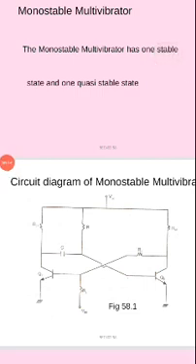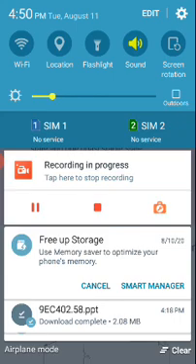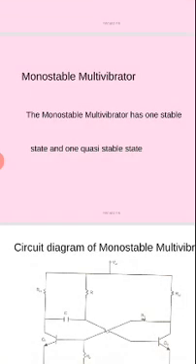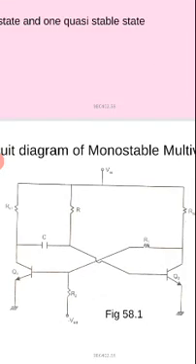Circuit diagram of monostable multivibrator. This is the circuit shown here.